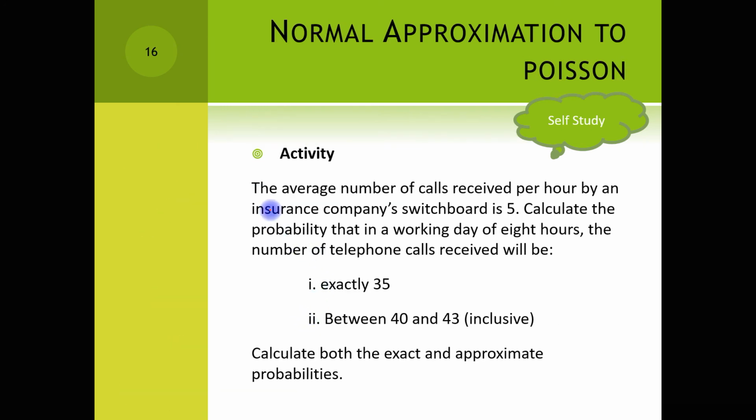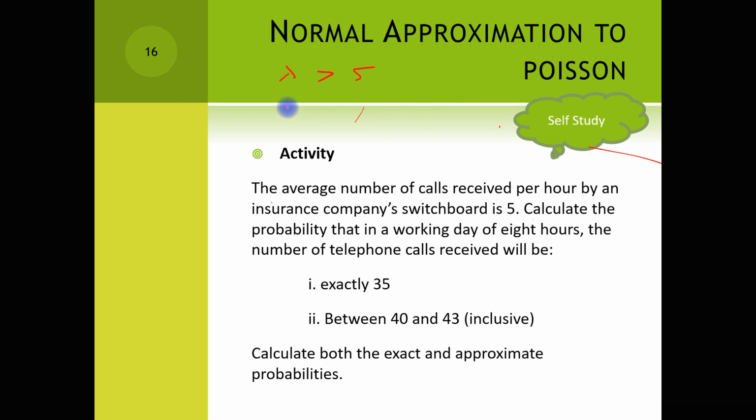For Poisson, the condition is that your lambda should be greater than 5 for you to be able to apply the normal approximation to Poisson.